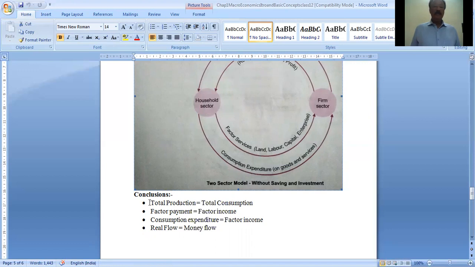First conclusion we draw is total production is equal to total consumption. Second, factor payment is equal to factor income.